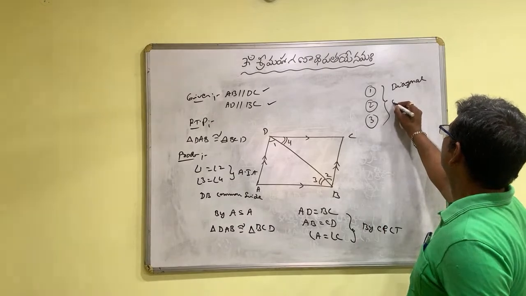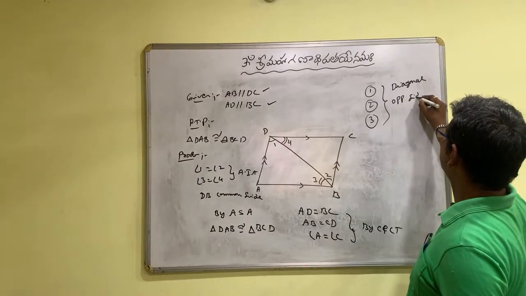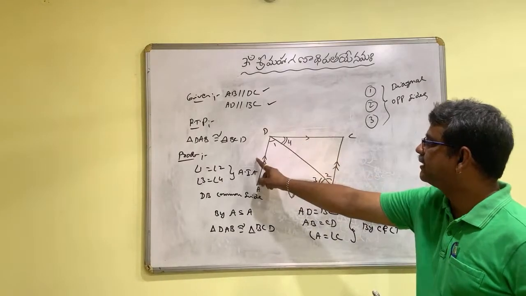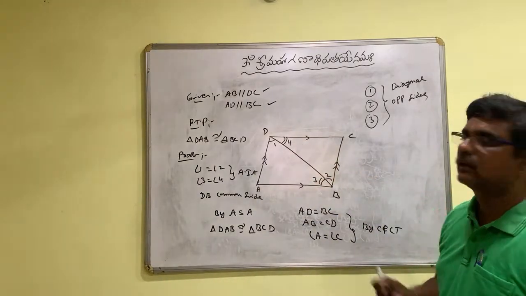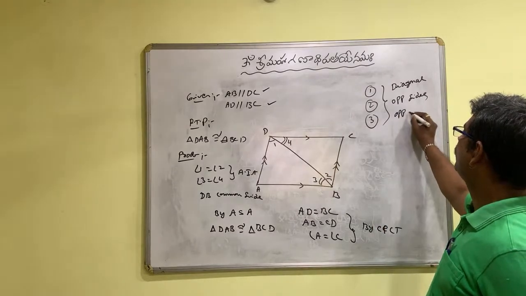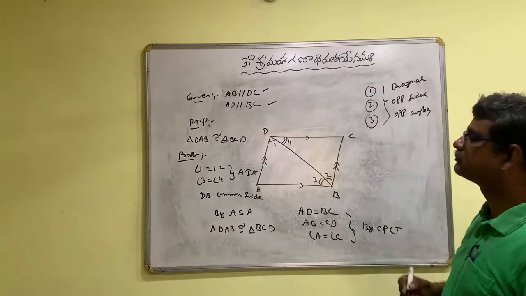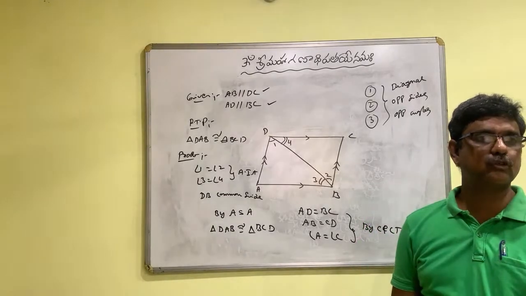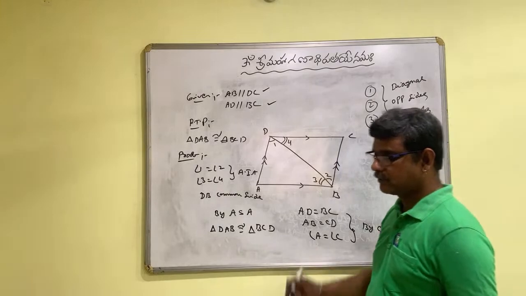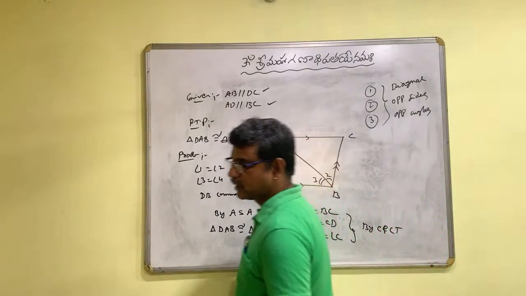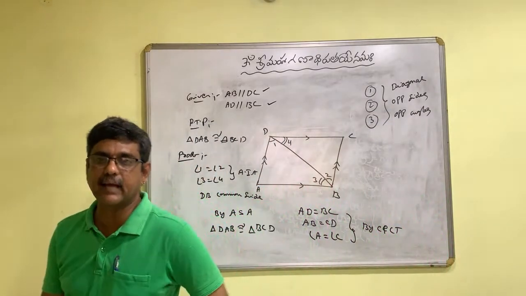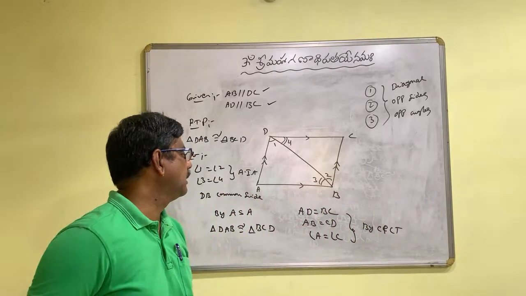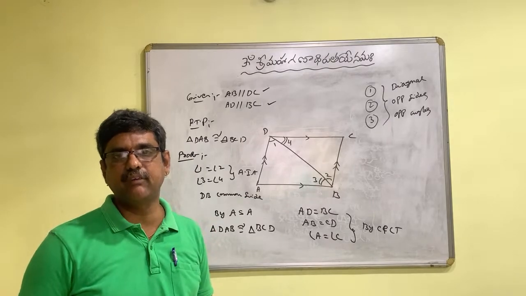Second, opposite sides property: opposite sides are equal, AD equal to BC, AB equal to DC. Third, opposite angles property. With one proof, three properties are done. Okay? If you want, you can take a screenshot of the proof.